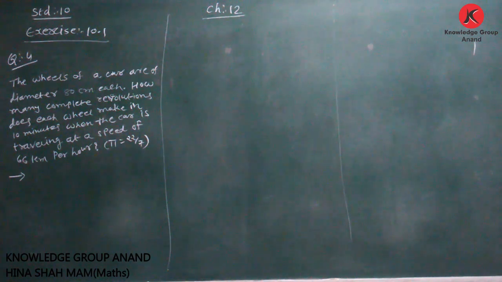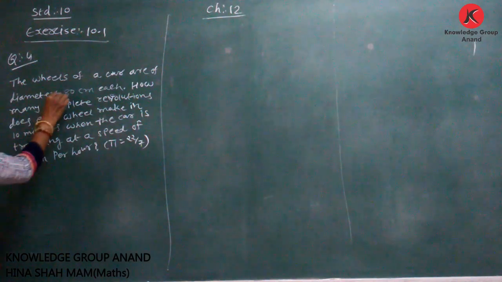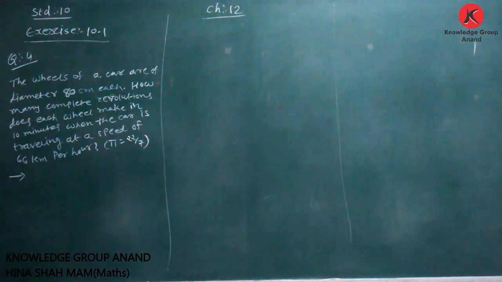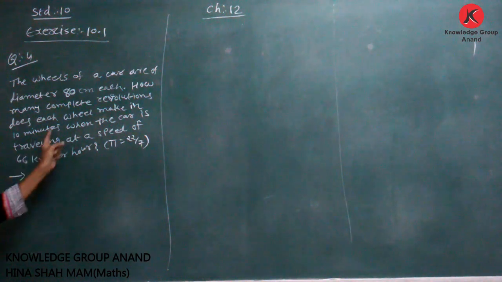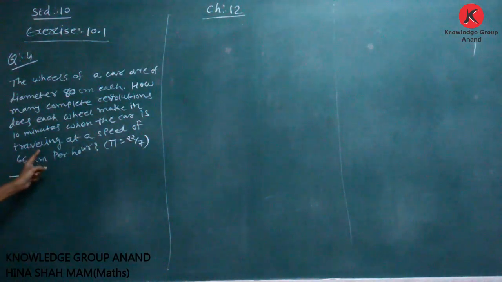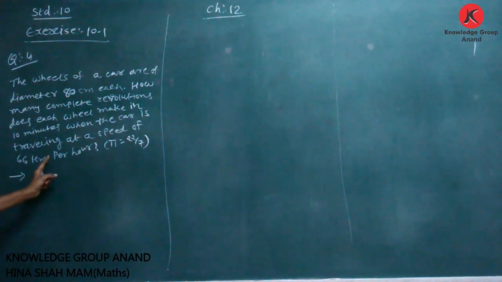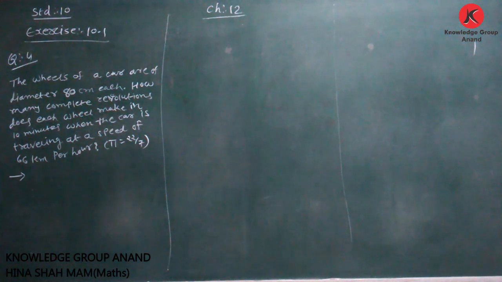Question number 4. The wheels of a car are of diameter 80 centimeters each. How many complete revolutions does each wheel make in 10 minutes when the car is traveling at a speed of 66 km per hour? Pi is equal to 22/7.